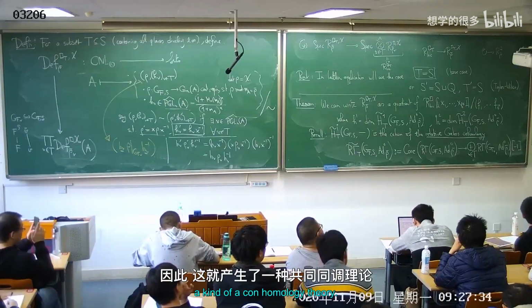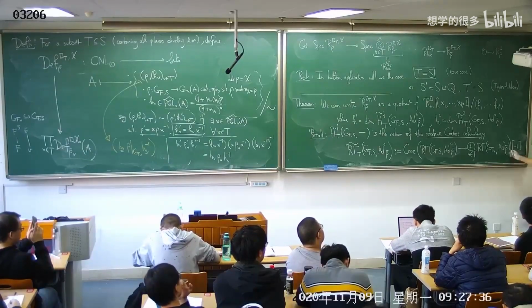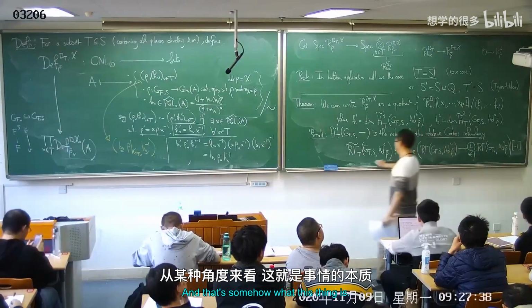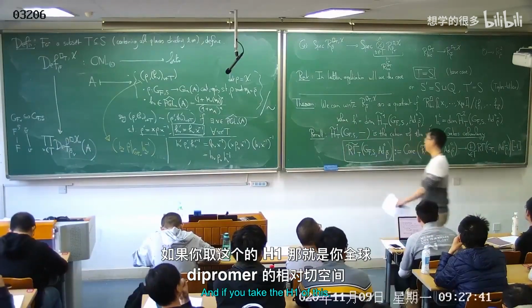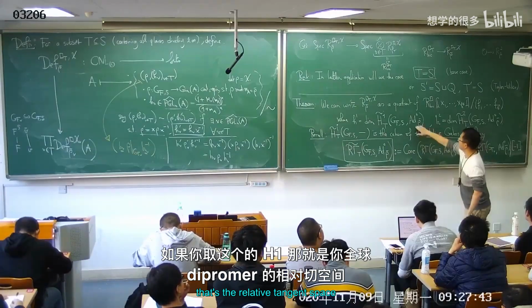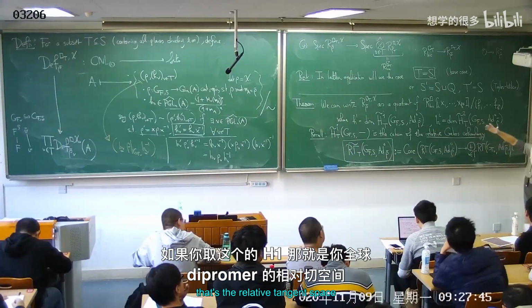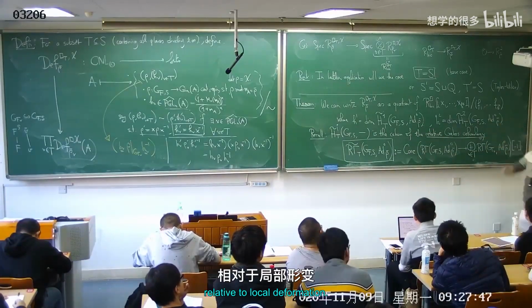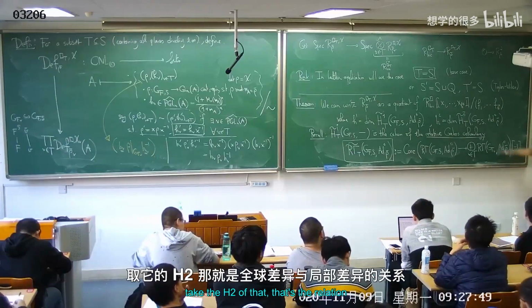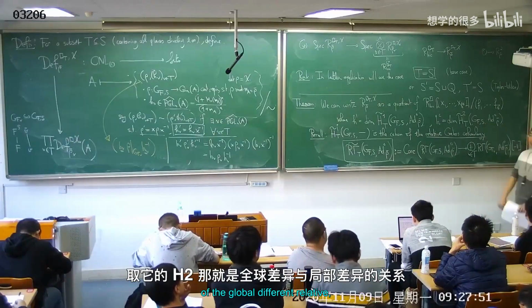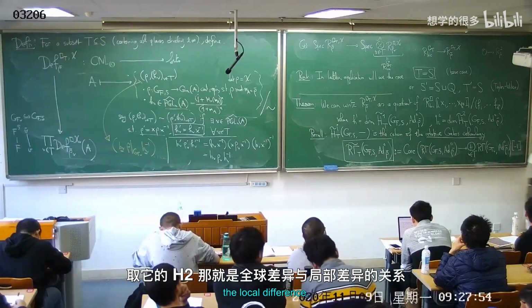So this creates a kind of cohomology theory. If you take the H1 of this, that's the relative tangent space of your global deformation ring relative to the local deformation ring. And if you take the H2 of that, that's the relation of the global deformation ring relative to the local deformation ring.